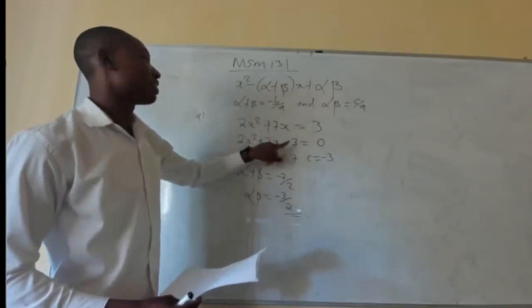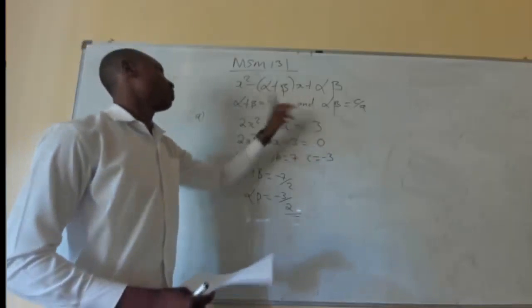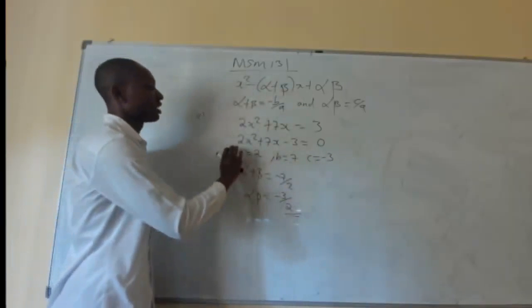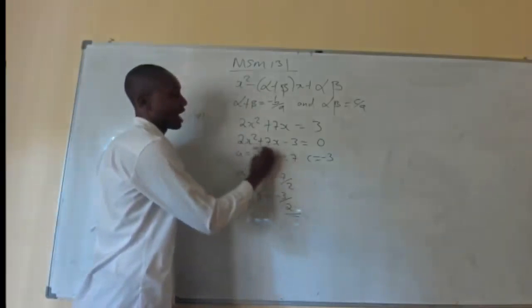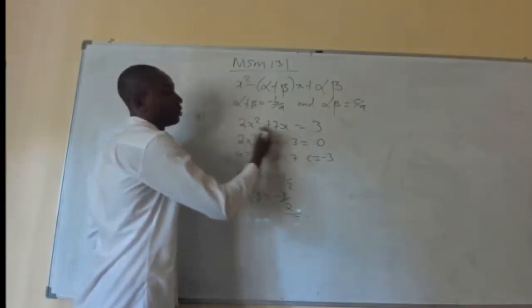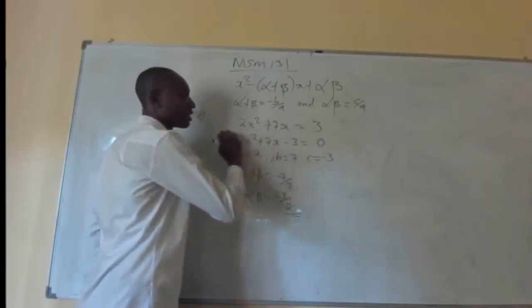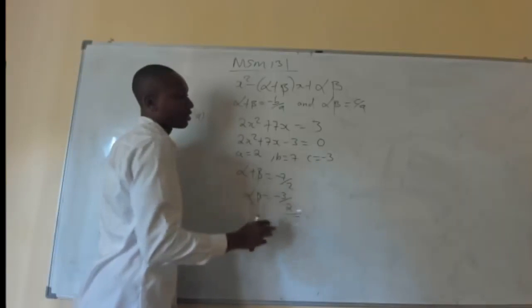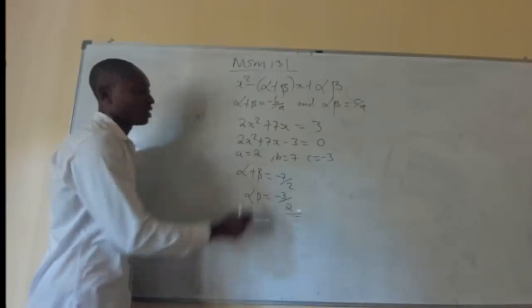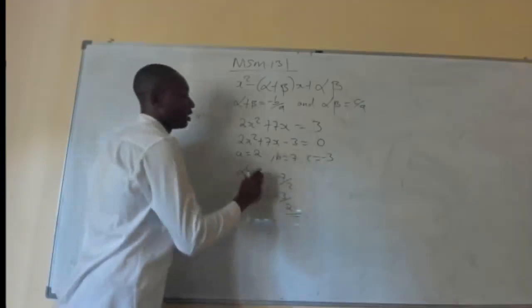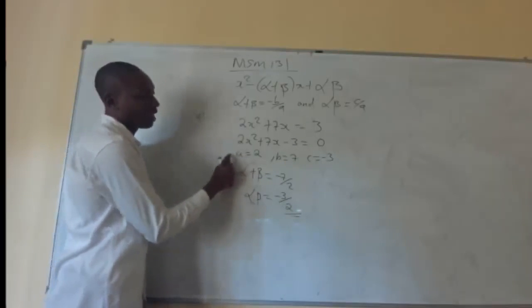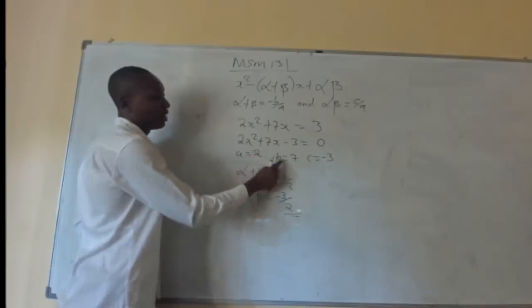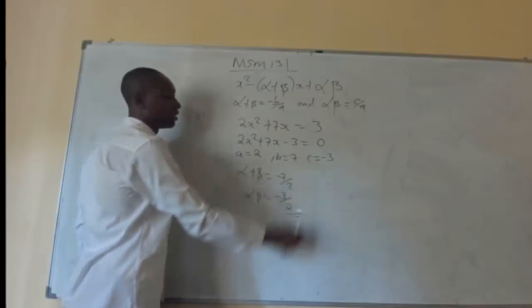Now the c, we needed these three to actually be on the same side as the others. So I introduced minus 3 on both sides. So this is why you see this one ends up being 0, the inverse of the 3. Okay, so this is how we got to this part. Then from this part, I have to identify a is 2, b is 7, and c is negative 3.